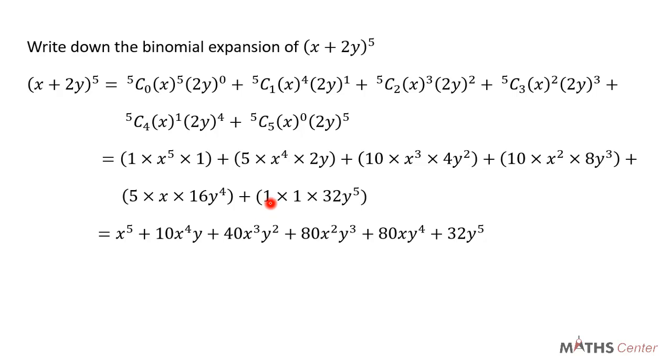And lastly, 1 times 32y^5 gives us 32y^5. So this is the expansion of (x + 2y)^5.